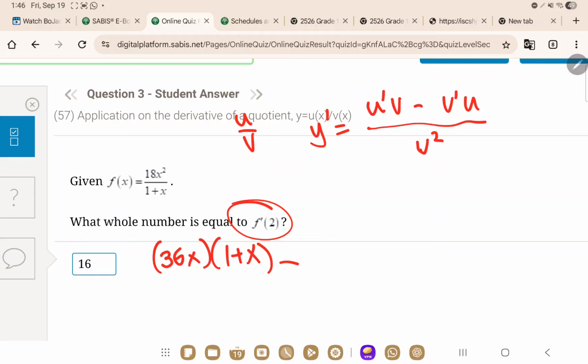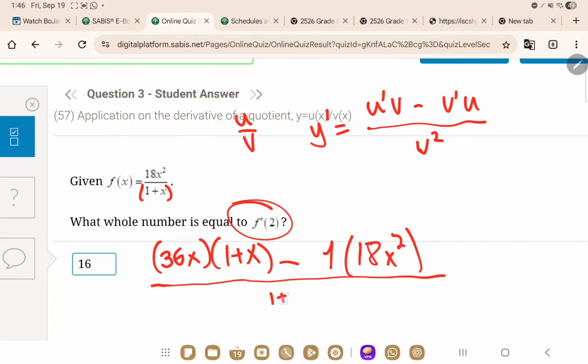Now, 1 plus x is to the power of 1, or whatever, doesn't matter. Anyways, x is gonna be the only thing you can derive. So it's 1 times u, which is 18x squared, all over 1 plus x all squared.